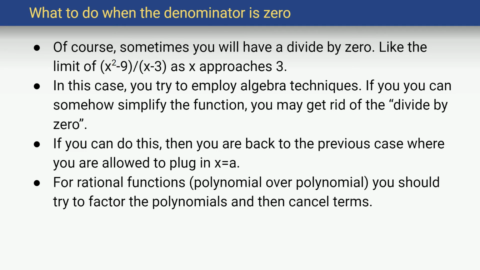Okay. So what we need to do when the denominator is 0 is employ some kind of algebra technique where we simplify the function and get rid of the divide by 0. Because if we can somehow get rid of the divide by 0, then we'll be back in the previous case, right?